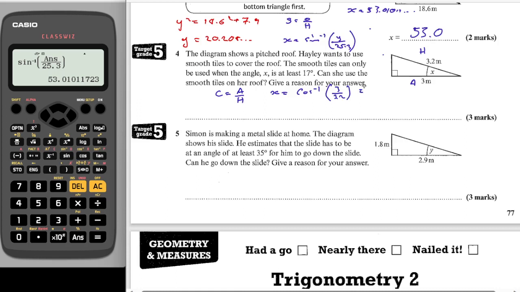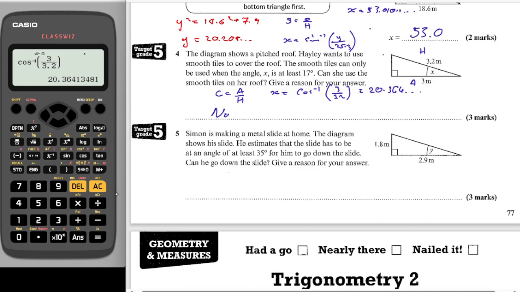I shouldn't really have all these equals on the same line, but we're a bit limited on space. So shift cos as a fraction 3 over 3.2. Close my bracket. So that's going to give me 20.364... Can she use the smooth tile on this roof? Give a reason for your answer.